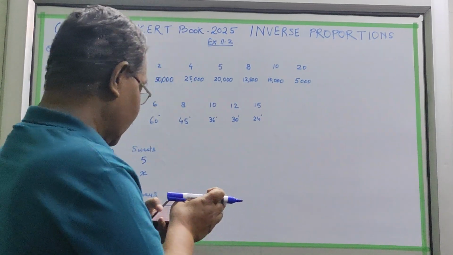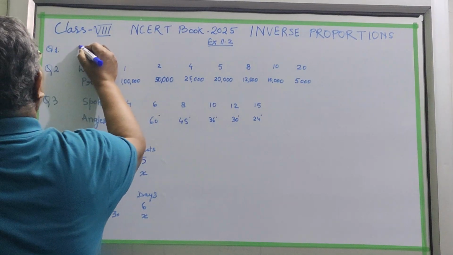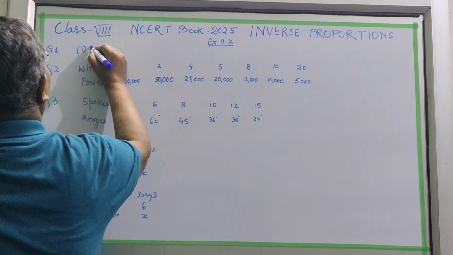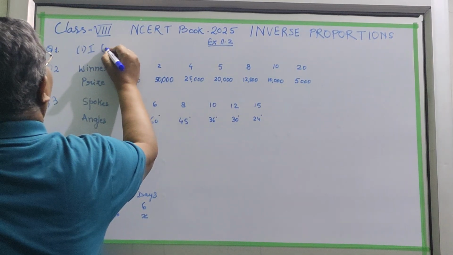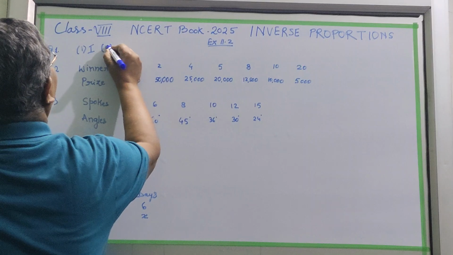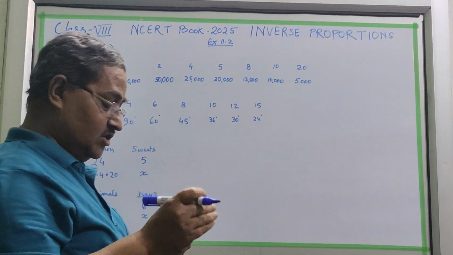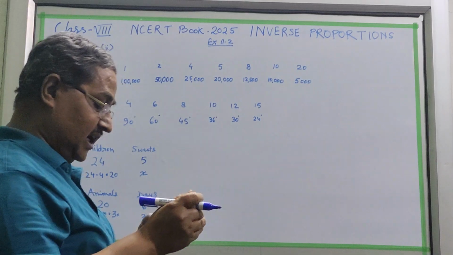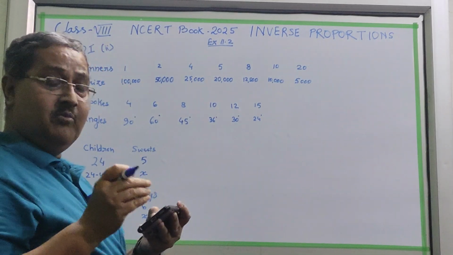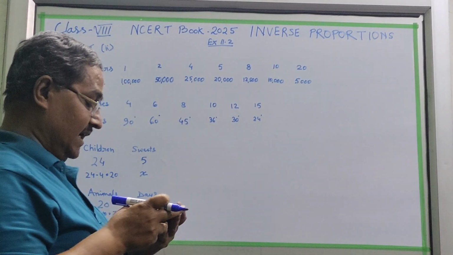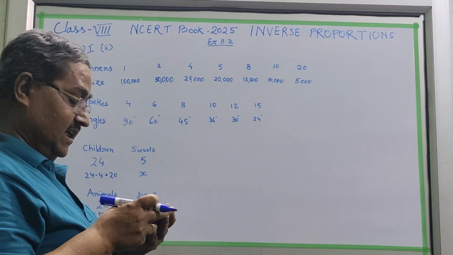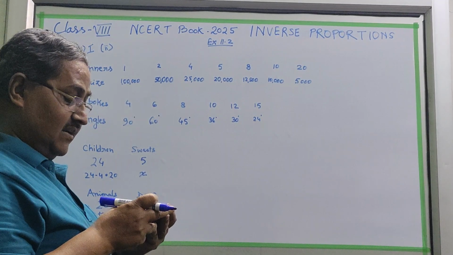So the first part is inverse proportion. One will increase, the other will decrease. If you increase the number of workers, the time to complete the job will reduce.